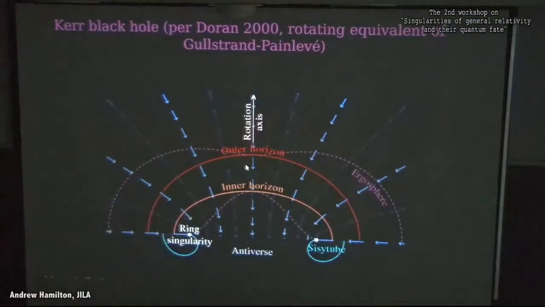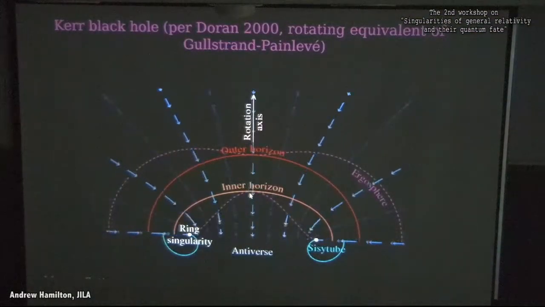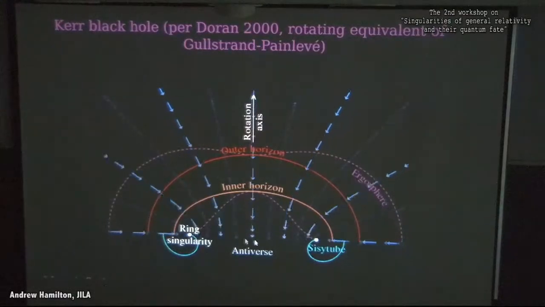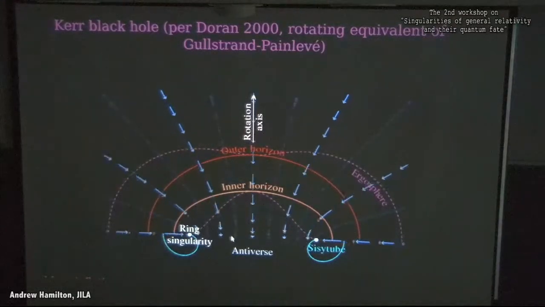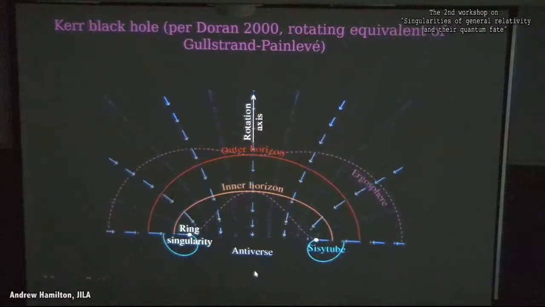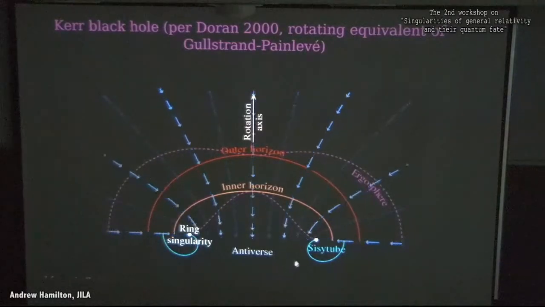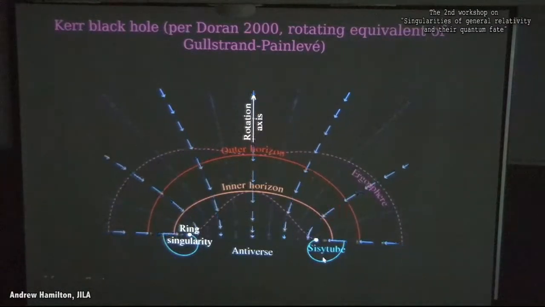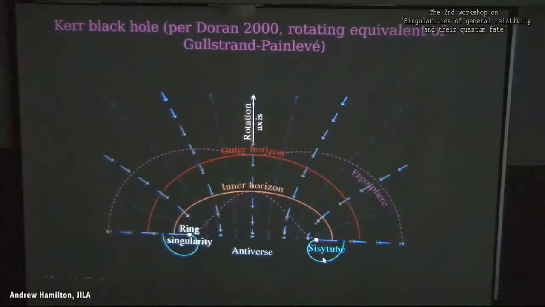And as you're probably aware, there's all kinds of crazy stuff, like if you go through the r equals 0 ellipsoidal coordinate into r negative, which corresponds to the antiverse, and there's a place that I call the sissy tube. They should have a name for this.